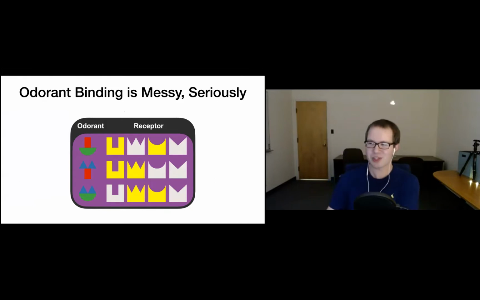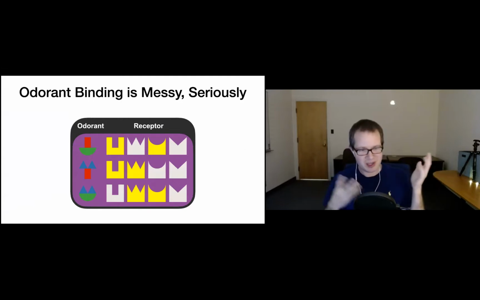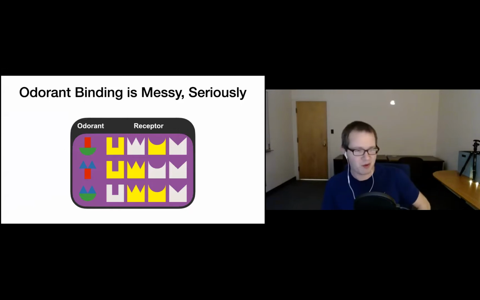You could have a cartoon example. What we're showing here is that, let's say these are all receptors for a particular sensory neuron. Given an odorant which has different features shown as cartoon rectangles, half circles, whatever feature it could be, number of carbons, that kind of thing, one receptor can be activated by multiple odorants, and one odorant can activate multiple receptors.